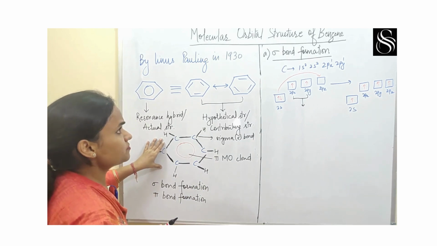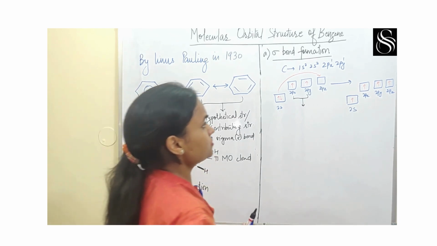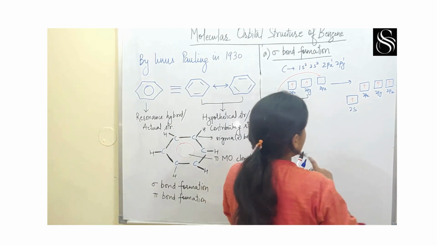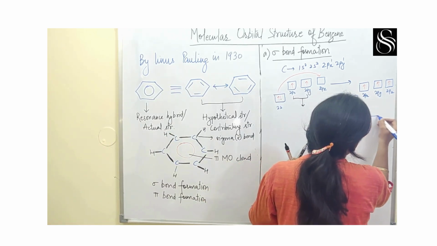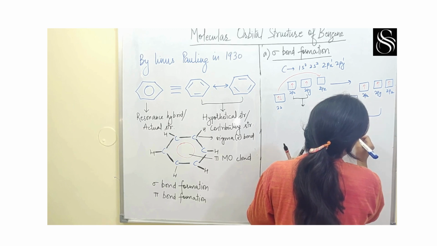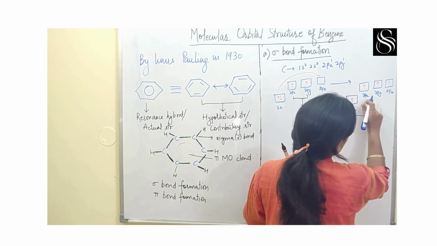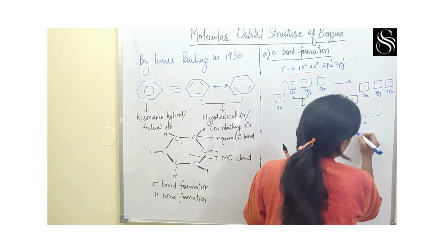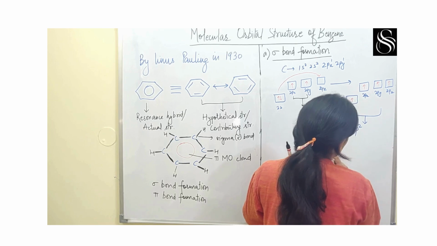But the formation of sigma bonds requires only 3 electrons, because carbon forms 3 sigma bonds. So sigma bonds are formed by these 3 orbitals: 1 from the s orbital, and 1 each from px and py, that is sp2.